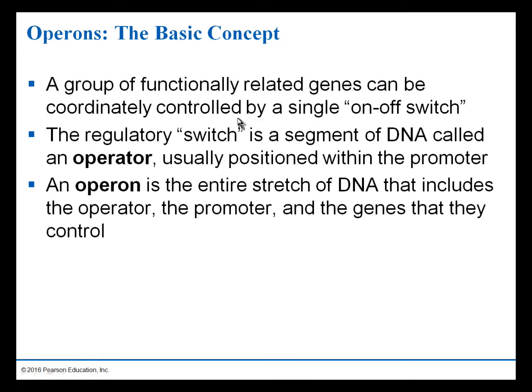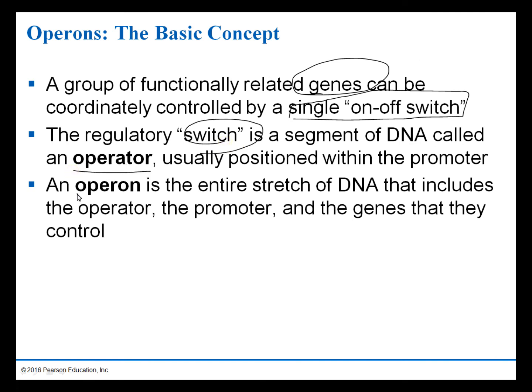In bacteria, this is done by the system called the operon, which is a set of genes in the same pathway with a single on-off switch. This switch is called the operator.